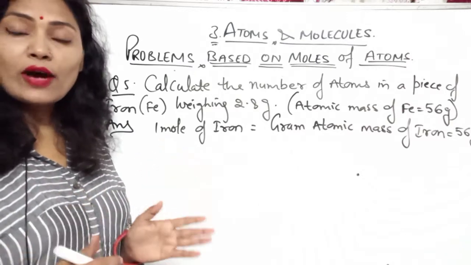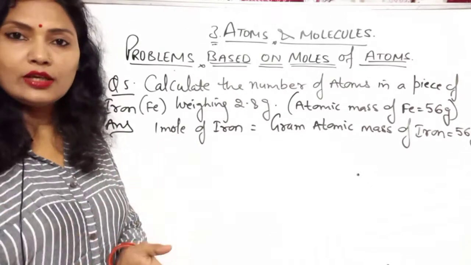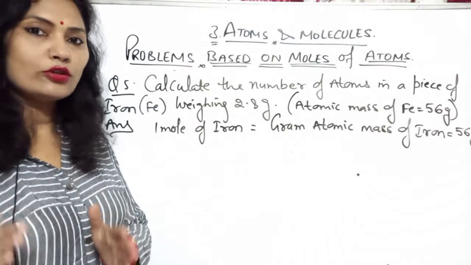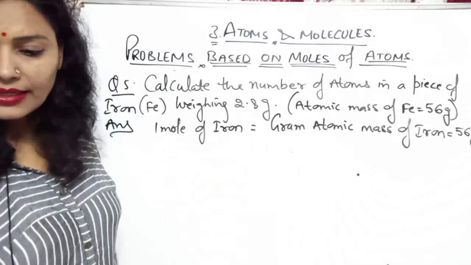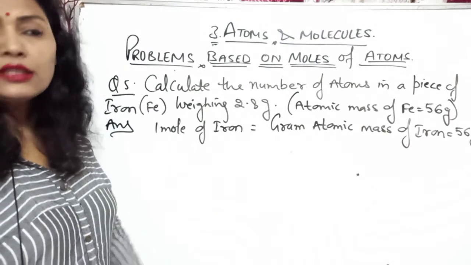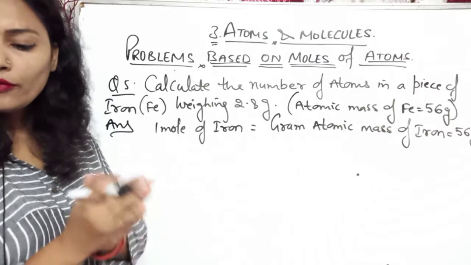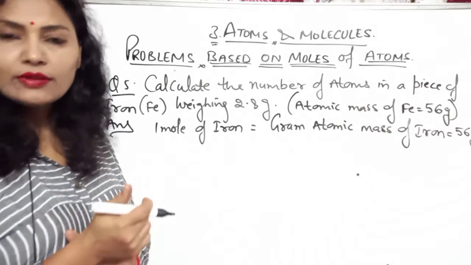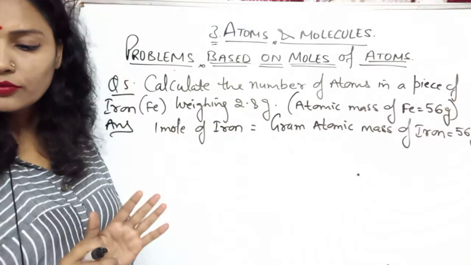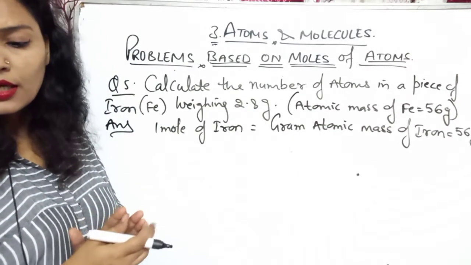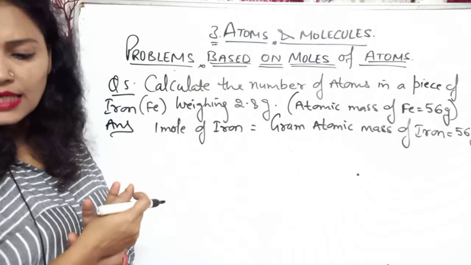You know that 1 mole of iron element consists of 6.022 into 10 to the power 23 atoms.